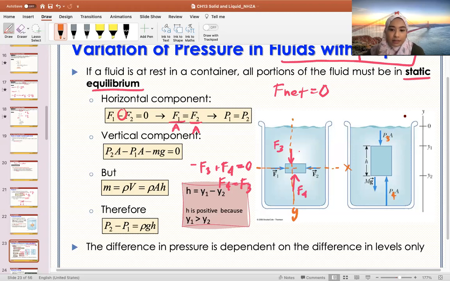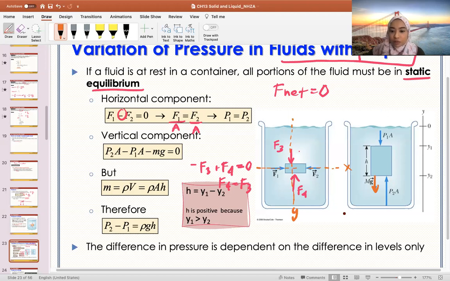So P3, P4, could I explain this? Wait, I don't want to label it P3. Okay, hold up. Let's go back to F3 and F4 first. I need to explain this clearly so that you guys don't get confused. So I'm talking about F3 and F4. Top and bottom must be the same because of static equilibrium. Now, here we have P1A and P2A. We also have the weight of the object, which is mg.